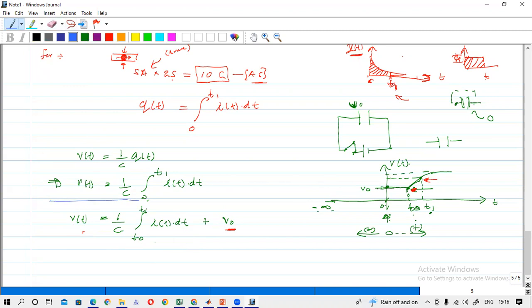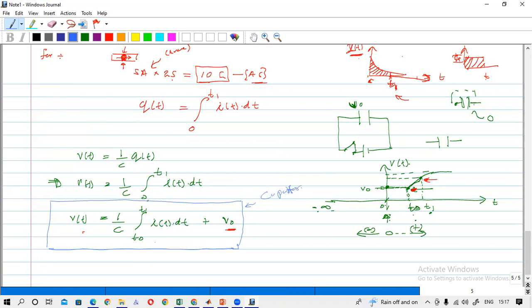expression. Okay, so this expression is given. This is one expression to characterize the capacitor. So this is very important.